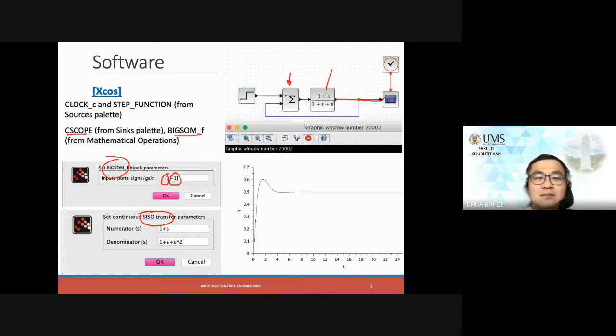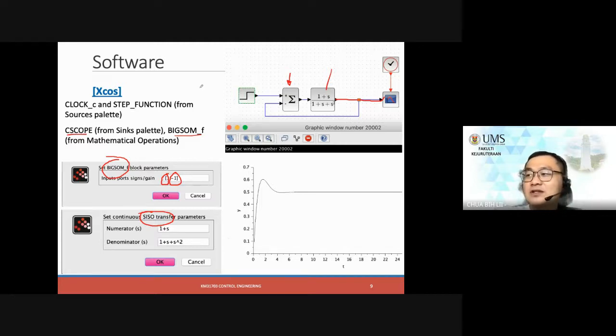Same thing in Xcos as well as in Simulink. They understand s but not other parameters. They may understand t as well, but if you put a k, they will not understand, right? So you have to do something like this.